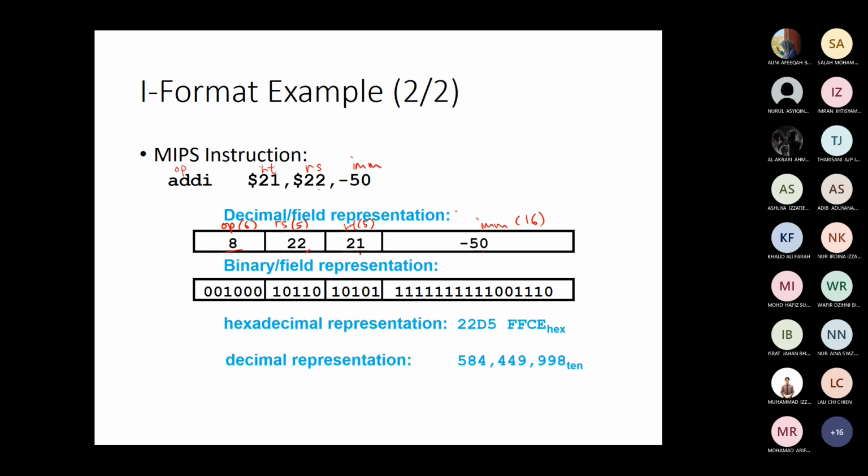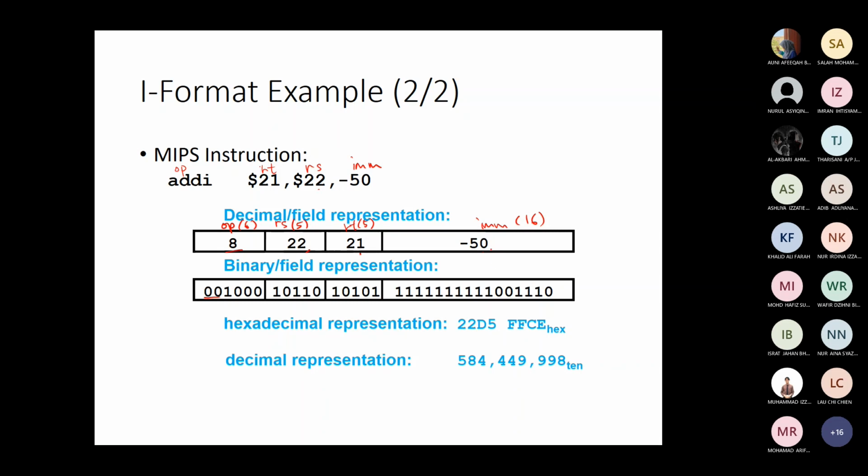Then use your calculator to convert your decimal values into binary. So 8 is 001000, and 22 is 10110, which is 5 bits. You must complete it to the size of that field. Let's say 8 is only 1000, but since this opcode must have 6 bits, you must extend it, adding padding 0s to complete the 6 bits. It's also the same for 21, 10101.